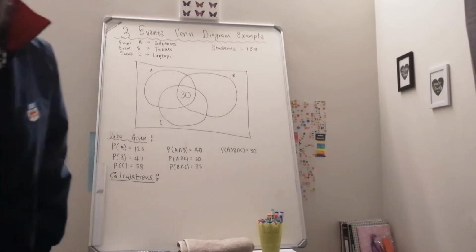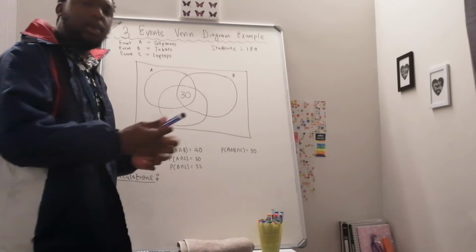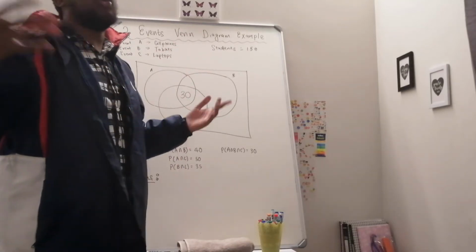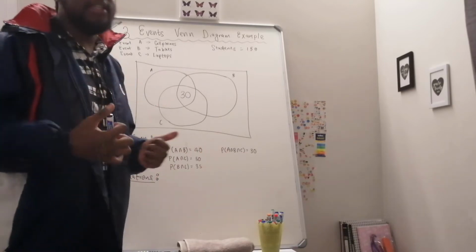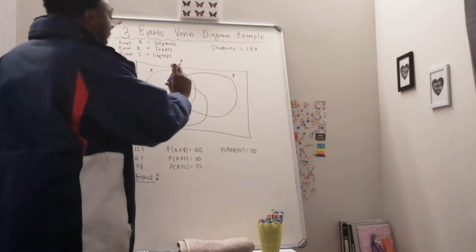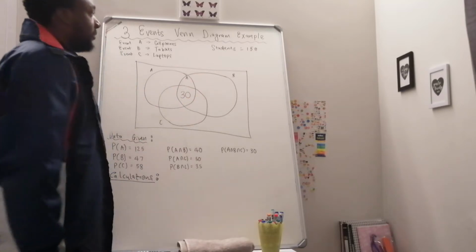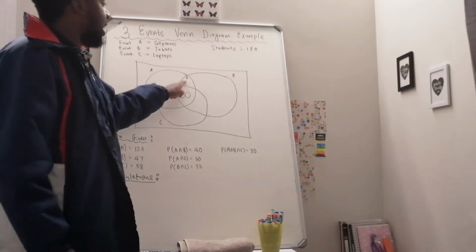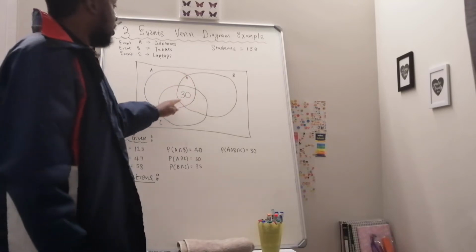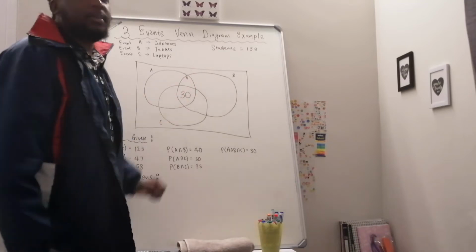So let's get going and calculate what these other areas are. How do we go about doing this? We start from the middle and then work our way out. That's the easiest method to use. If I'm trying to find this area, let me call it area A, I just need to take the total area where A and B intersect and subtract the 30, and that will give me that area.